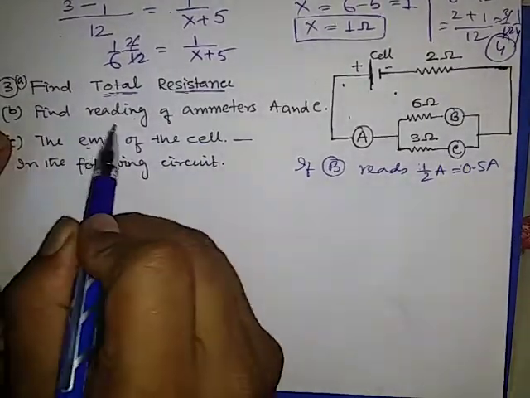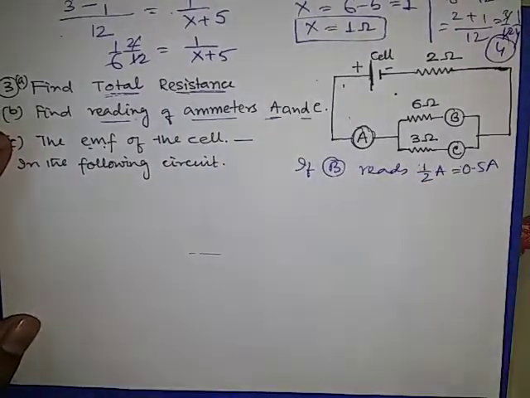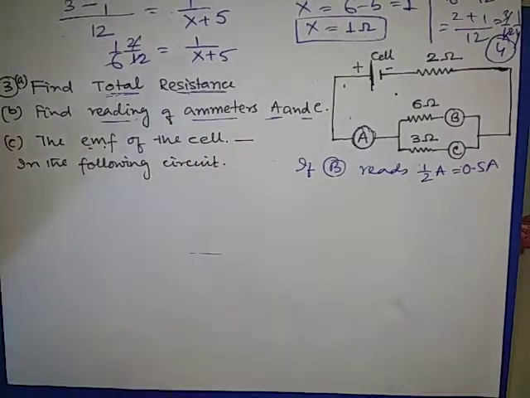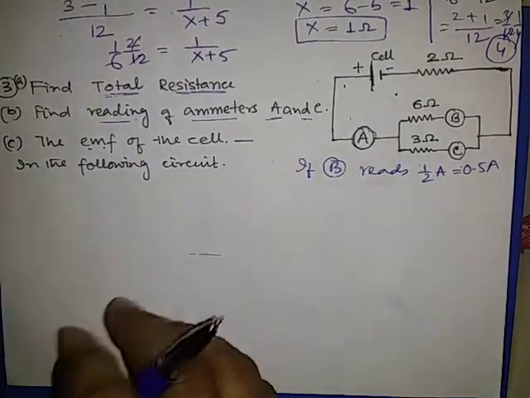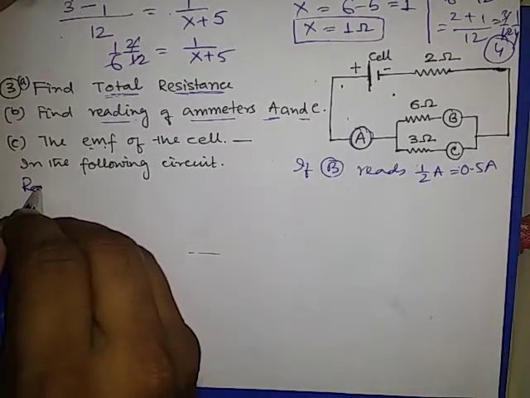First, the readings of ammeters A and C, and the EMF of the cell.